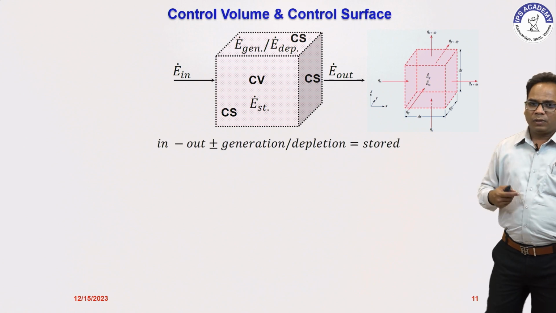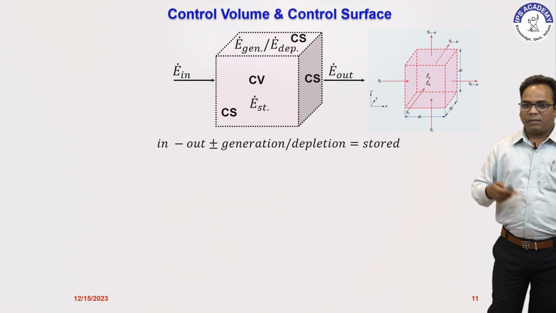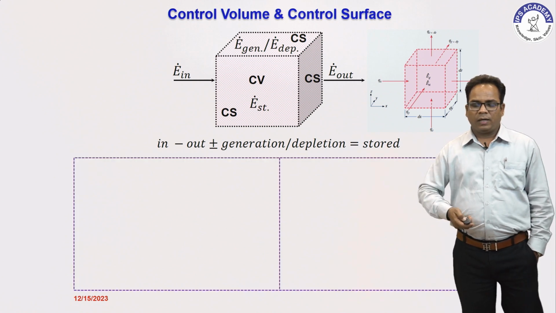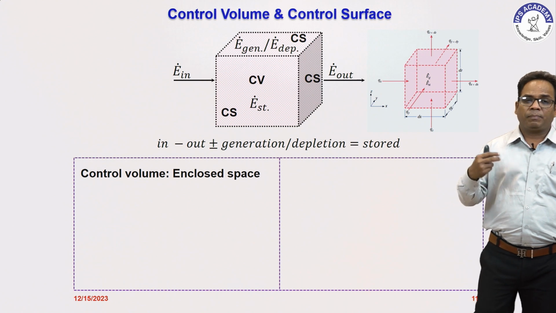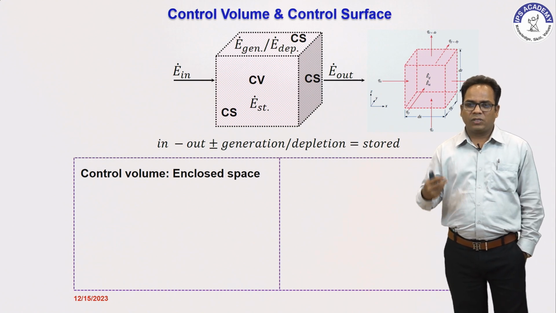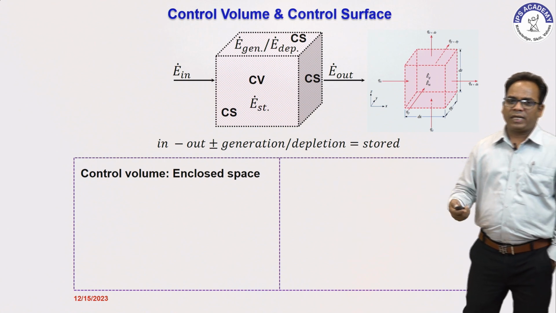If I want to convert this information into mathematical form, we have to apply the law of conservation of energy for the control volume and for the control surface as well.